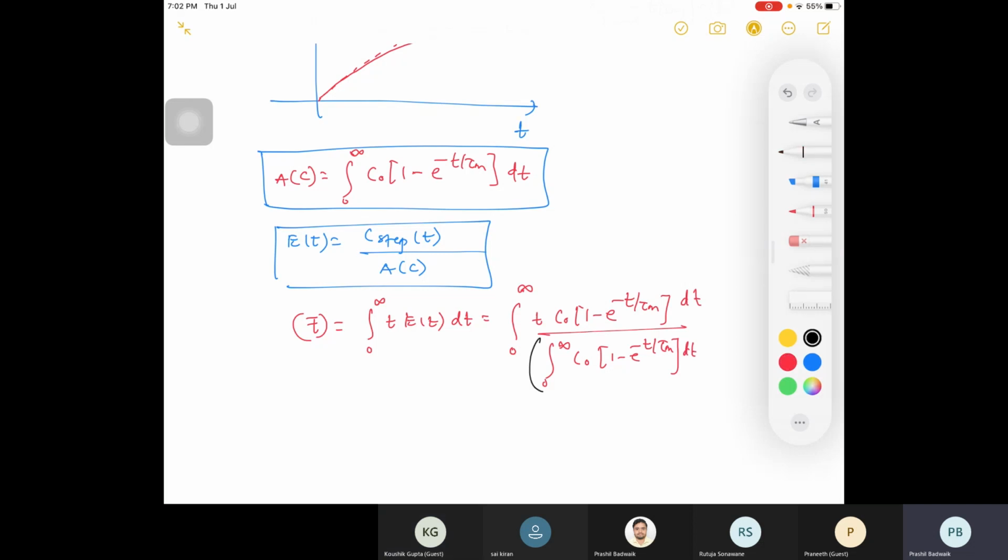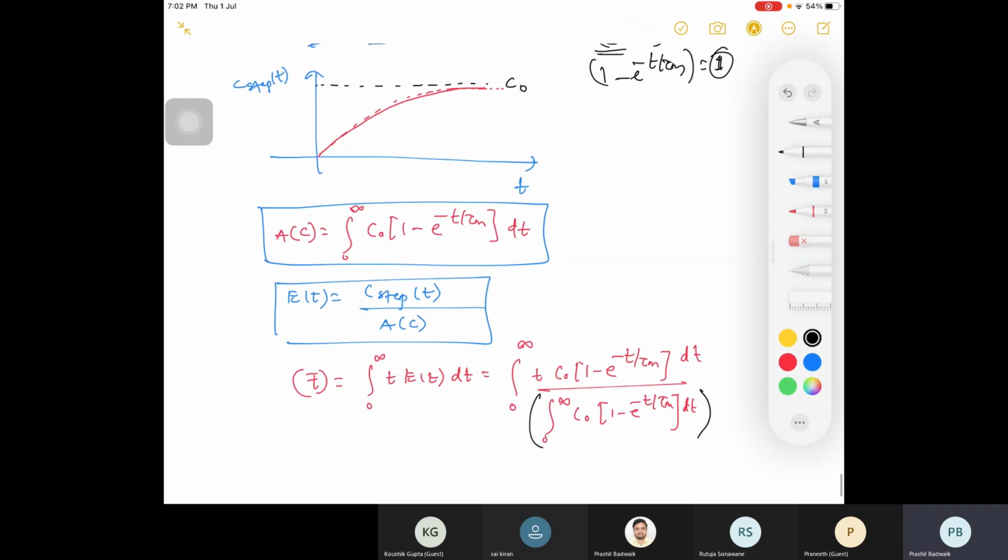So you will have this integration. Can you find out what your t mean is? Because you will have infinite area here, and this curve does not reach its maximum at a particular time.